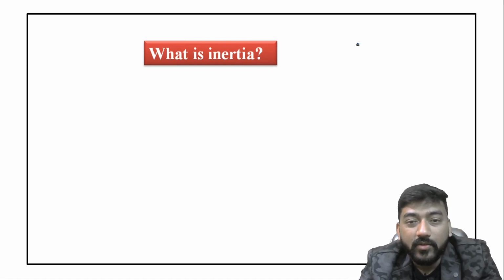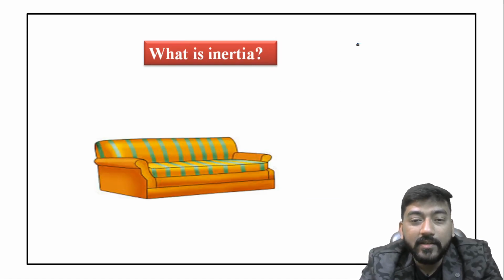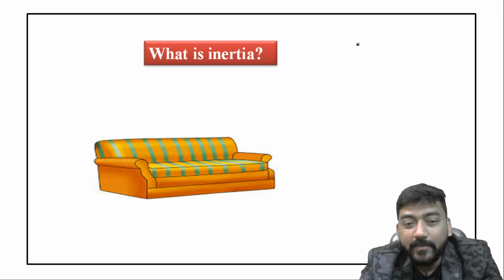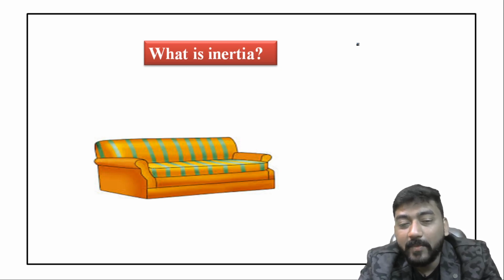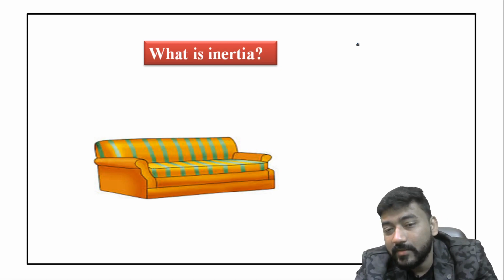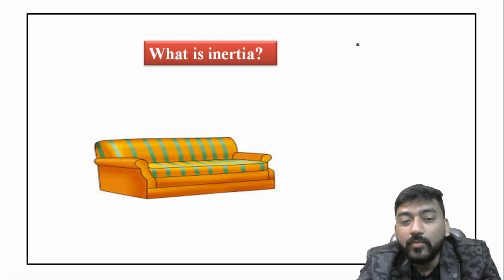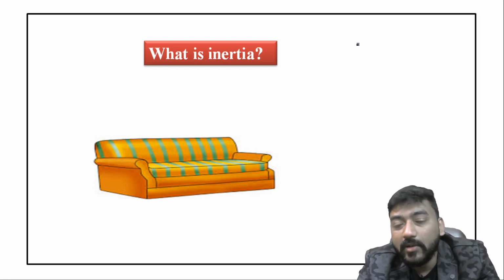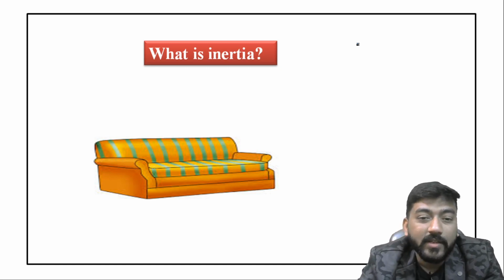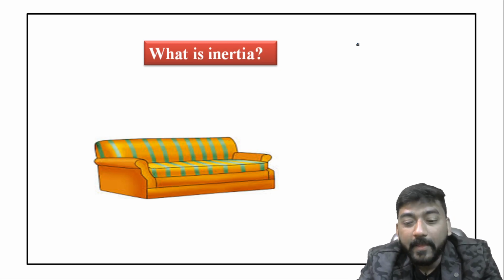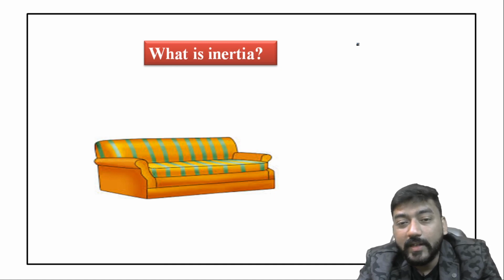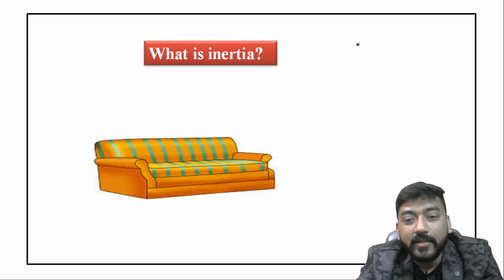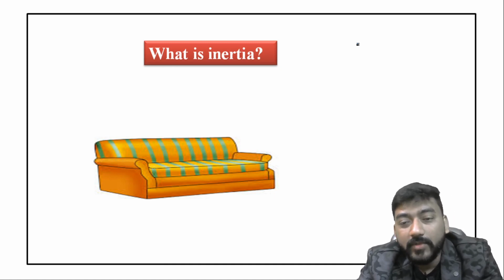Now let me conclude what inertia is. I can give another example where the mass is very large compared to the ball. If you want to move a ball, then a little amount of force is needed. But if you want to move this sofa, then obviously a large amount of force is needed, and sometimes a person alone cannot move this sofa.